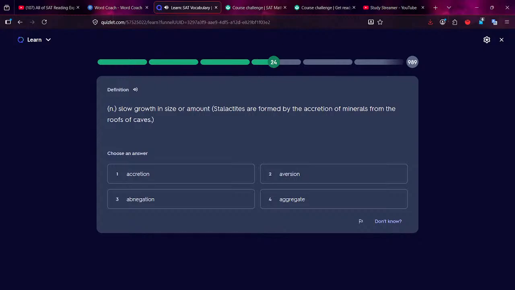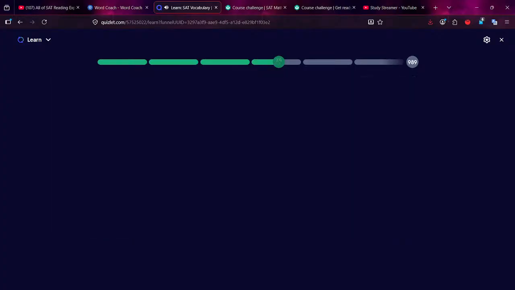Slow growth in size or amount. It's not going to be aversion. It's not going to be aggregate. It's probably a collection of things. Abnegation, that doesn't sound like it's got to be accretion.